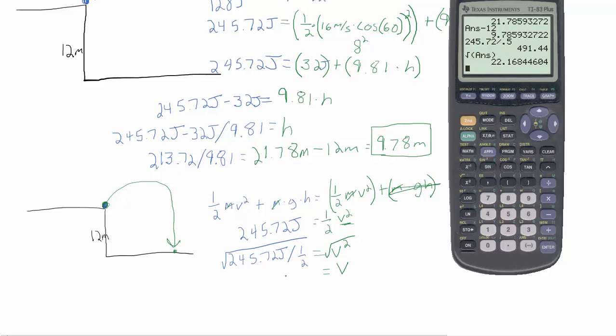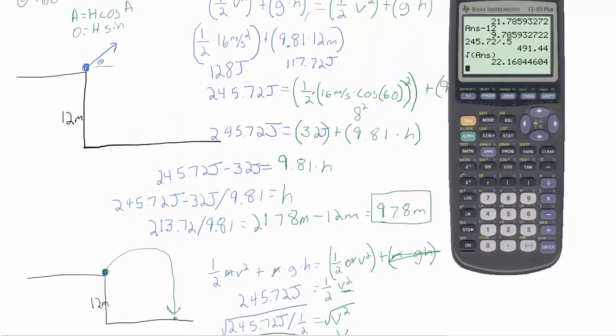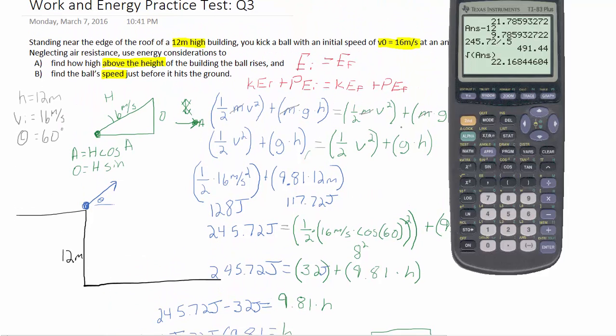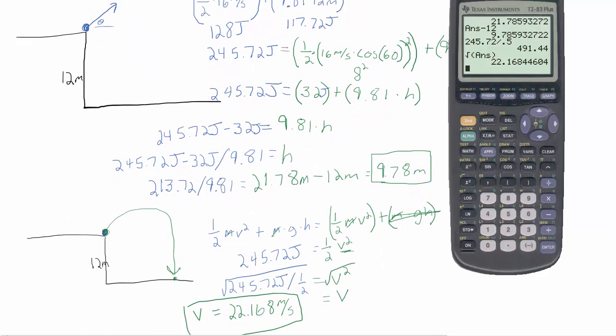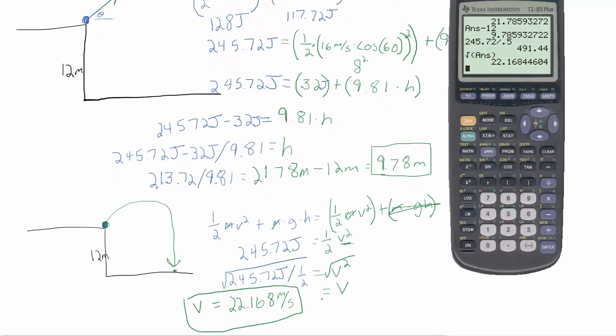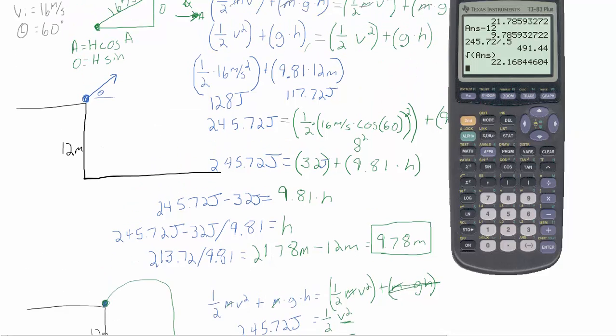Which gives us a speed of 22.168 meters per second. And this is our velocity right before it hits the ground. And that is the answer to part B. So the ball's speed just before it hits the ground is 22.168 meters per second.